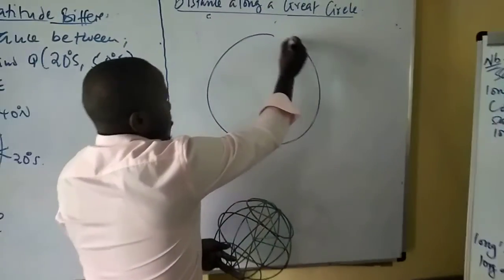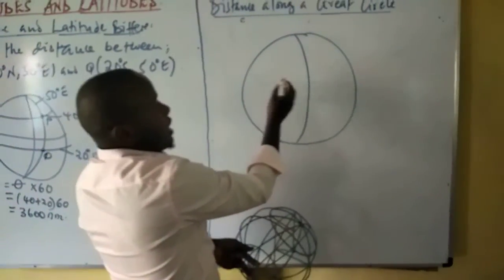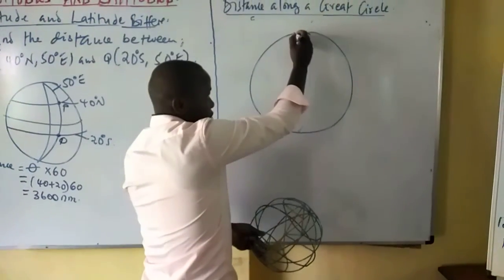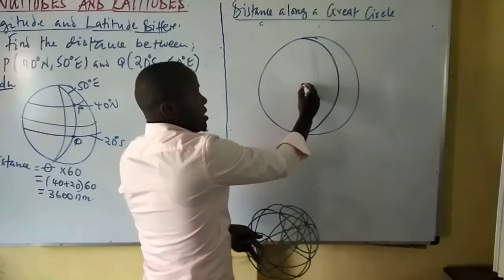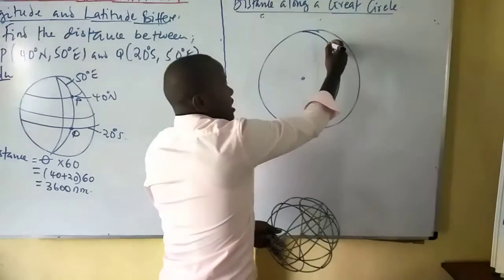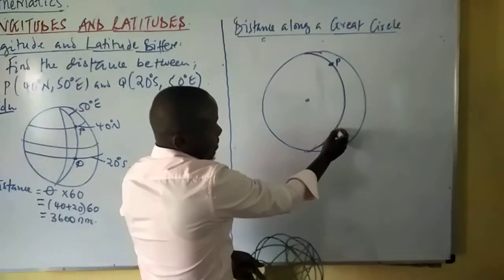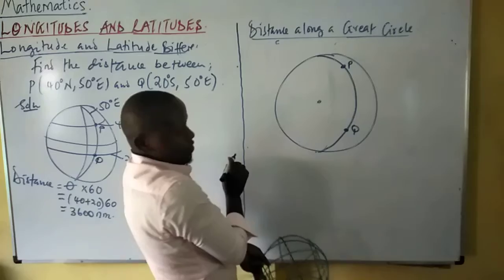If places are on the same longitude like this, then we consider here to be the center of the Earth. A place is here, our P, and another place Q is here.